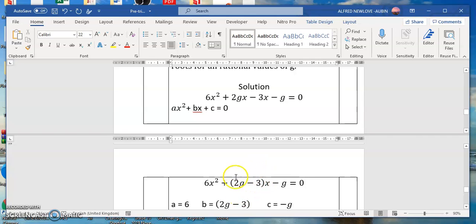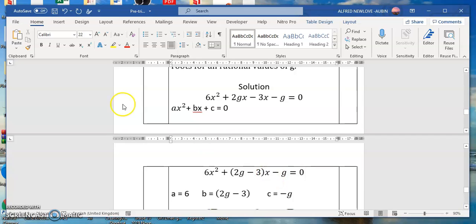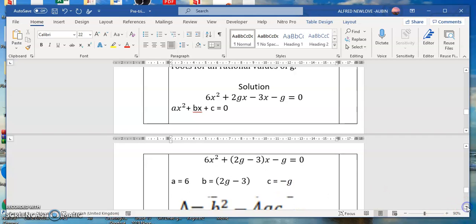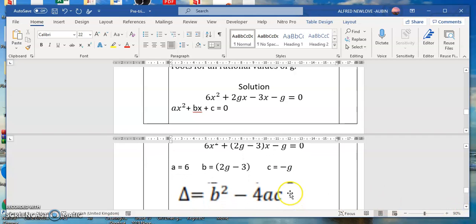So this one is going to represent b. Then this minus j is going to represent c. So if we express this in that form, your a is going to be what? This 6. Your b is going to be what? 2j minus 3. And your c is going to be what? Minus j.